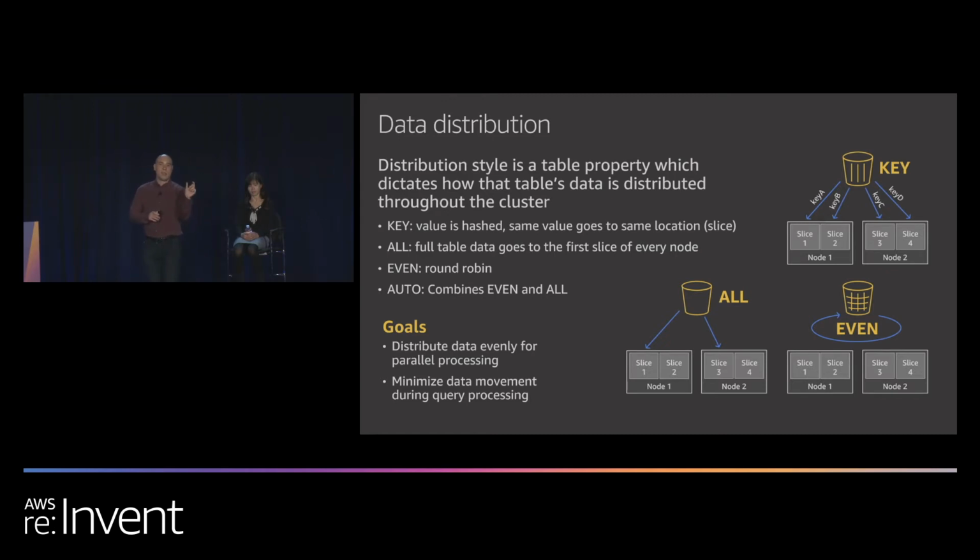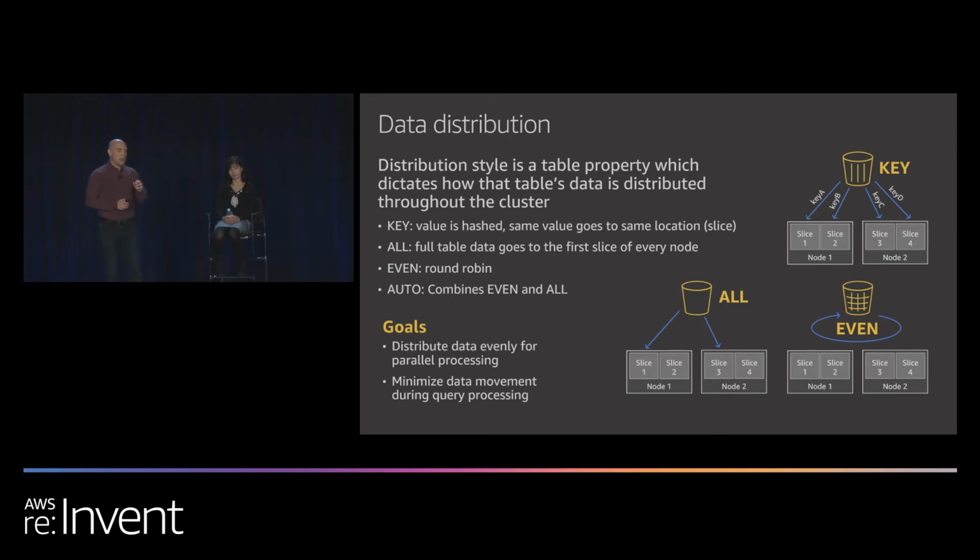We take the value for that column, for that row, and hash it. It's a modulo operation by the number of slices in the entire cluster, and that identifies where that row lands in the cluster. That's how we are able to distribute data. That usually needs to be a high cardinality key, something without a lot of duplicate values. Sometimes it looks like a primary key.